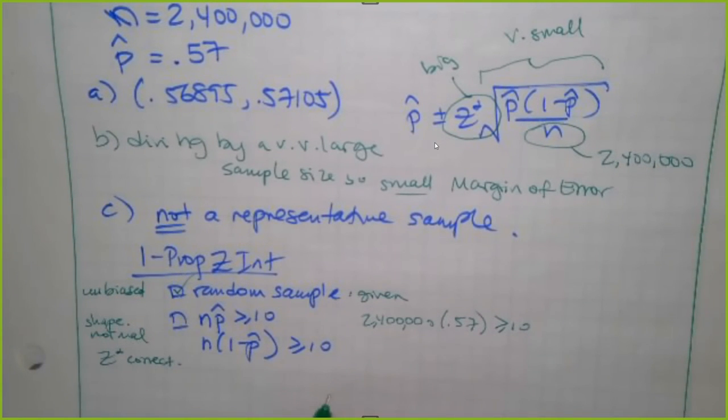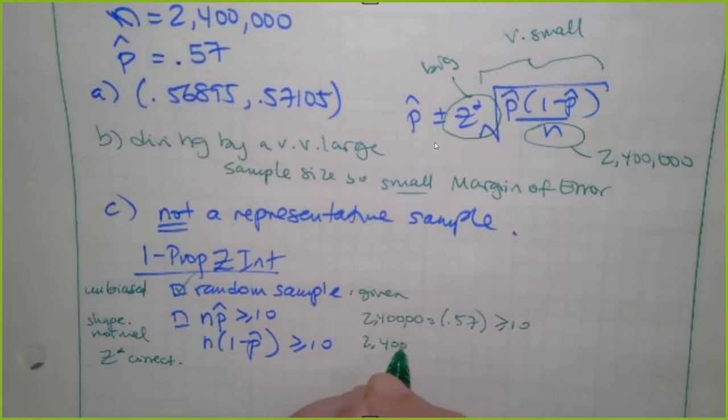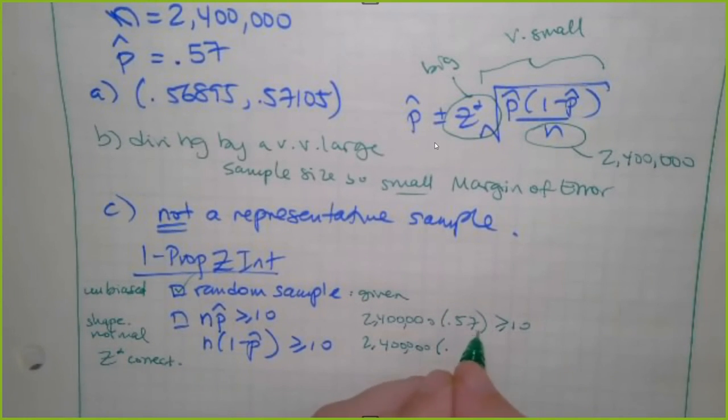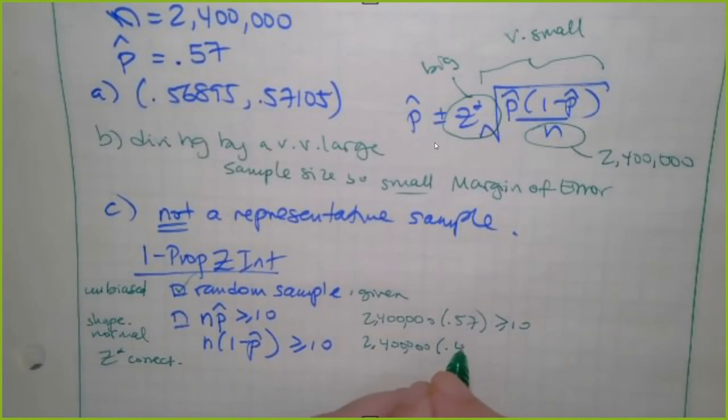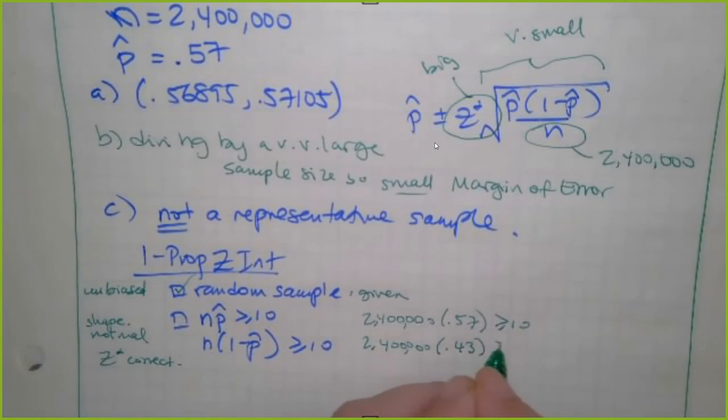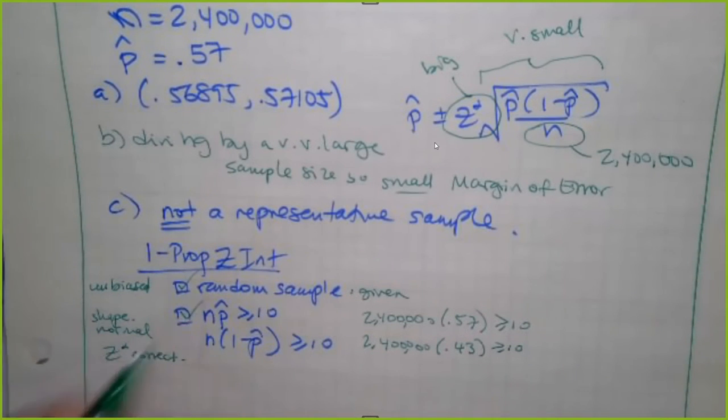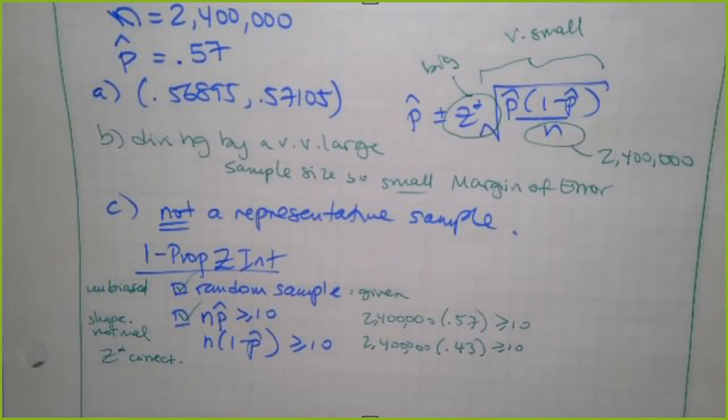Then you would check the people in the study who didn't vote for Alf Landon. Those guys are on the right side of history. So that would be 57% said they would vote for him, then you have 43% who didn't. Again, this is a huge number, bigger than 10. I am comfortable that my z-star is correct. So good luck. Try the other problems for today. Use that calculator to double check you, so it'll help you go a little faster.